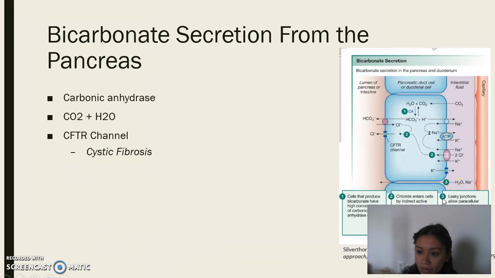So the movement of negative ions from the ECF to the lumen will make a lumen-negative electrical gradient, which will attract the sodium, so it passes between cells via leaky junctions going into here. And then the water will follow because, as the saying goes, water follows salt. So the result of this is a secretion of the water sodium bicarbonate solution.